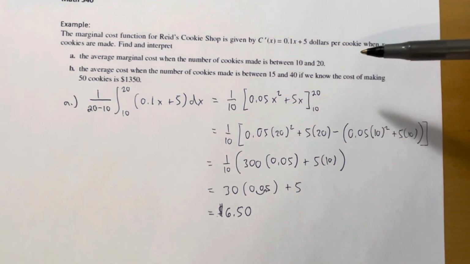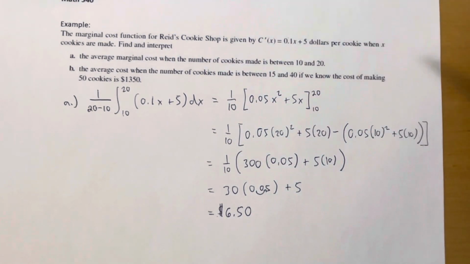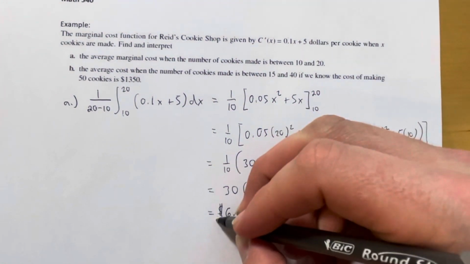And because this is an average, then what this is saying is that when we sell somewhere between 10 and 20 cookies, the average increase in cost per cookie made is an average rate of $6.50 per cookie. That's the first one. That's part A.